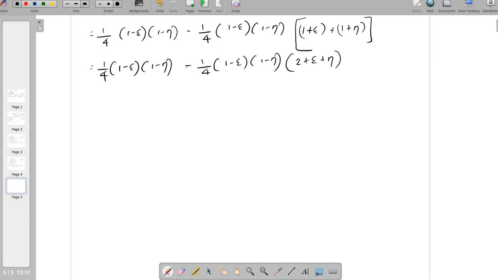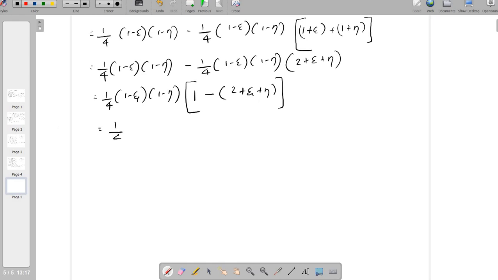From these two parts I am taking again 1 by 4, 1 minus epsilon, 1 minus eta outside, of this term, 2 plus epsilon plus eta.